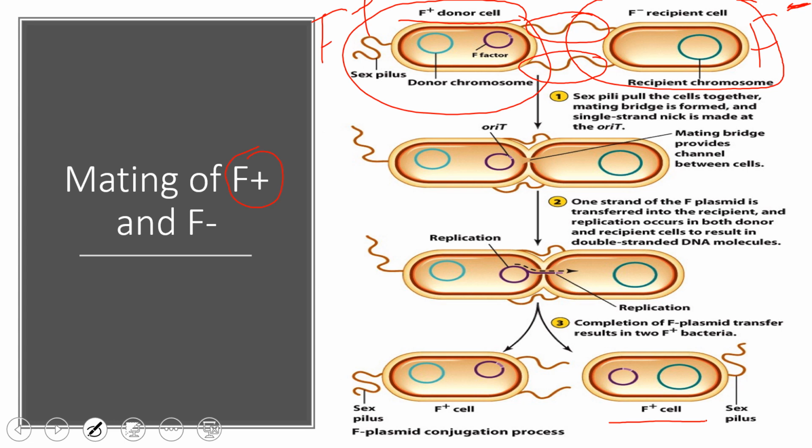Both bacteria become F plus, and they separate. So this is the mating of F plus and F minus cells, which changes F minus into F plus.